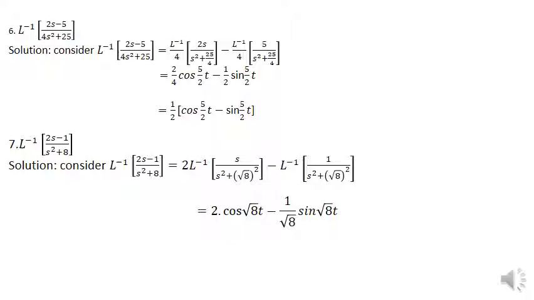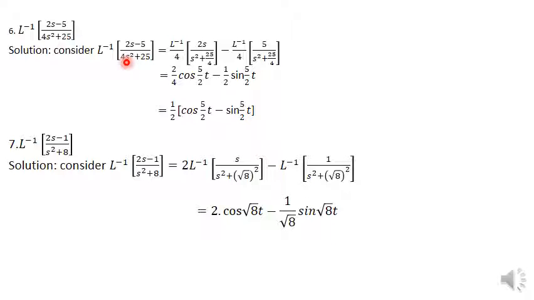Now example 6, find L inverse of 2s minus 5 divided by 4s square plus 25. Now consider the function. So here both numerator and denominator are not in the standard form, so we have to manipulate both numerator and denominator. So first, as we know, this coefficient must be 1 here.